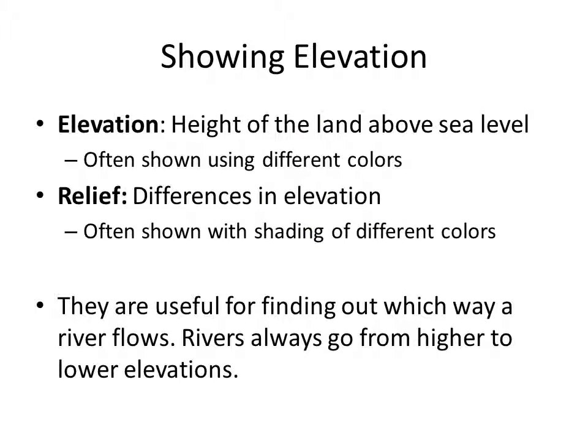So this is how geographers show elevation. And elevation refers to the height of the land above sea level. So, for example, the Shenandoah Mountains in the west, or the Blue Ridge Mountains in the west, or if you just simply go west from Woodbridge for a little bit, you will find that the elevation gets higher and higher and higher.